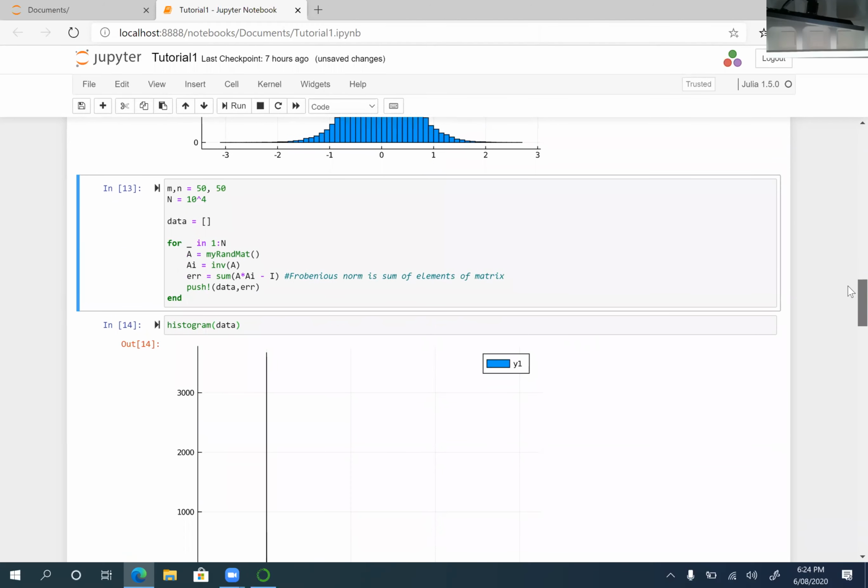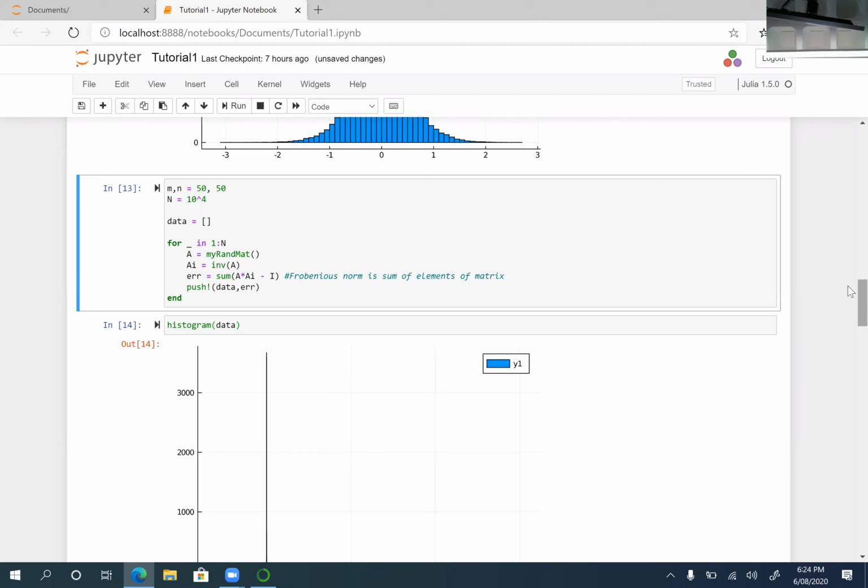Okay, next, now we're going to do a similar exercise, but with 50 by 50 matrices, and this time we're iterating over 10 to the 4th such matrices. So we've got data equals square brackets, and then that data is being built below in the for loop.